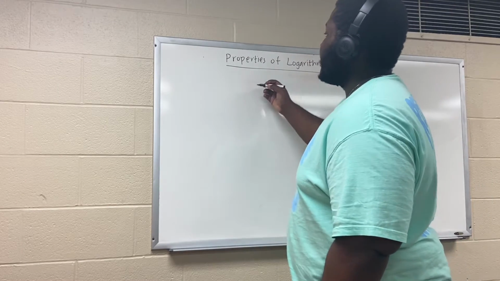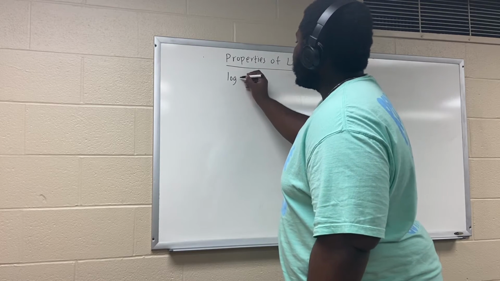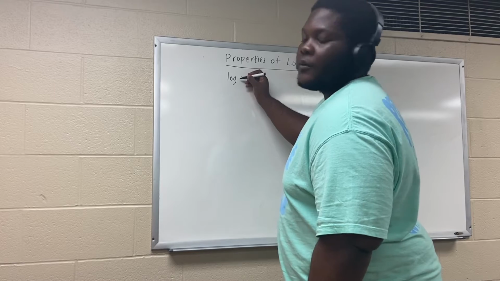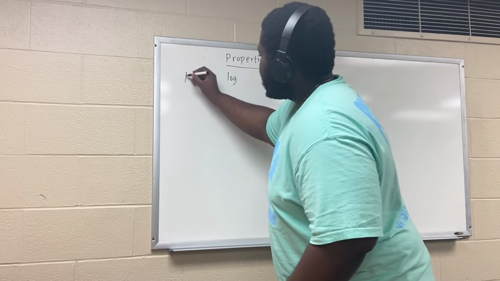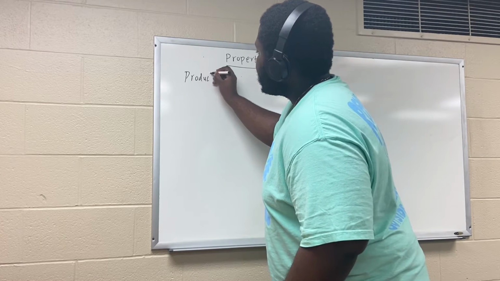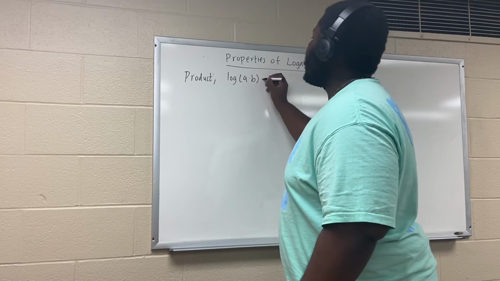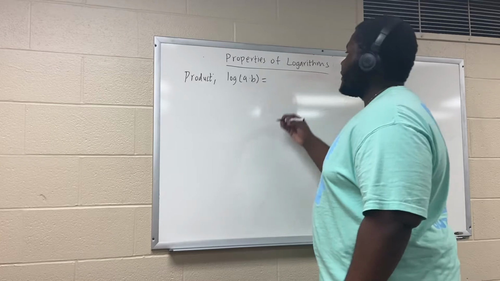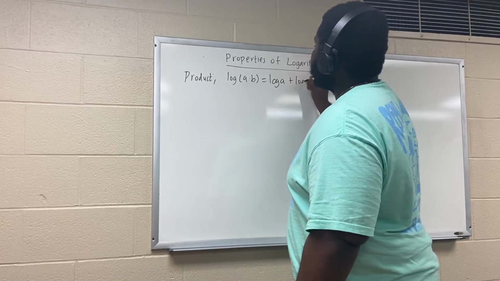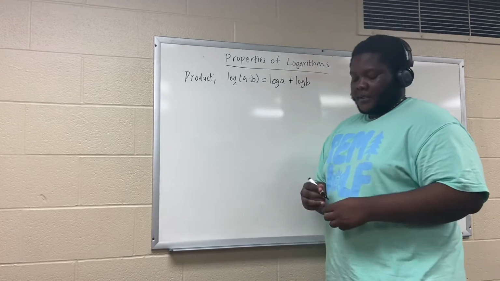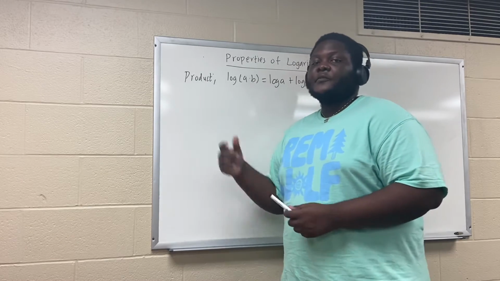So let's say, the log of... we'll start with multiplication, or product. So log of A times B will be equal to the log of A plus log of B. We can do an example right now to prove this.